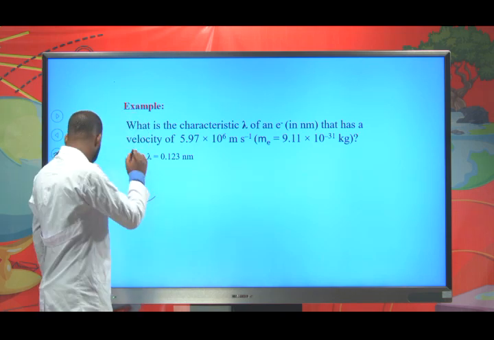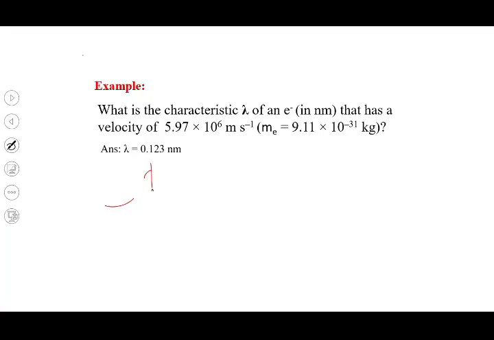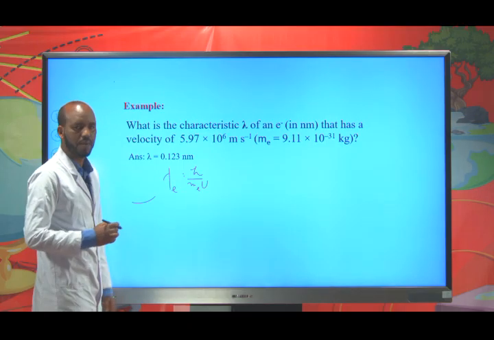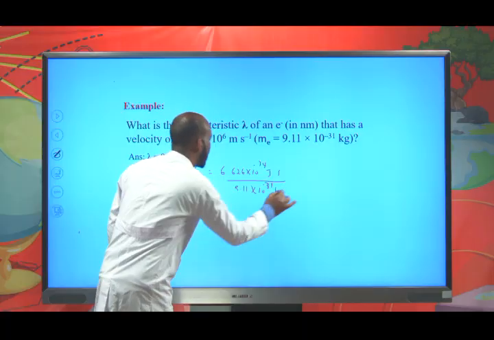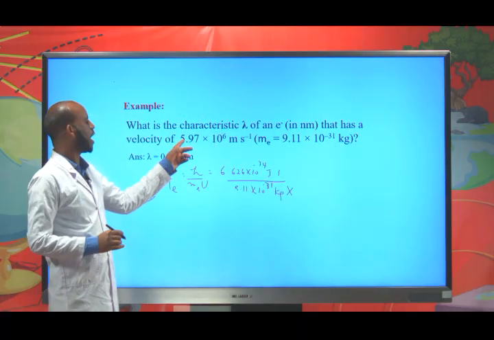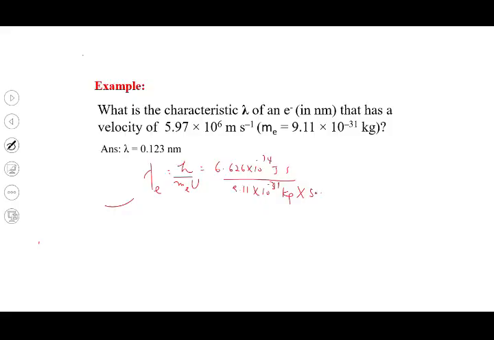We have the wavelength of an electron equals h divided by mass of an electron times velocity of the electron. h is Planck's constant, having a value 6.626 times 10 to the power of minus 34 joule second, divided by mass of electron, 9.11 times 10 to the power of minus 31 kilogram, times velocity of the electron, 5.97 times 10 to the power of 6 meter per second.